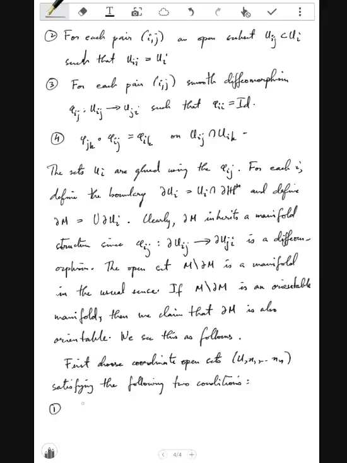First, dx1 up to dxn is the fixed orientation on M minus the boundary, and 2, xn is greater than or equal to 0 on U_i, and xn equal to 0 gives the boundary.